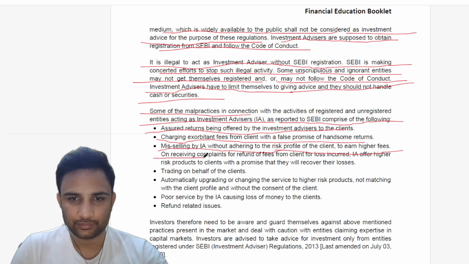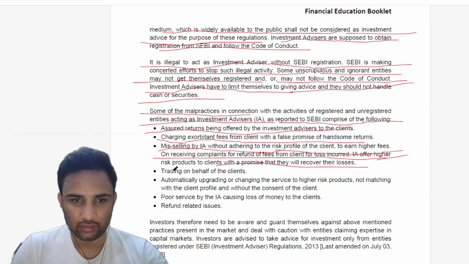On receiving complaints for refund of fees or complaints for loss incurred, investment advisors offer higher risk products to clients with a promise that they will recover their losses.